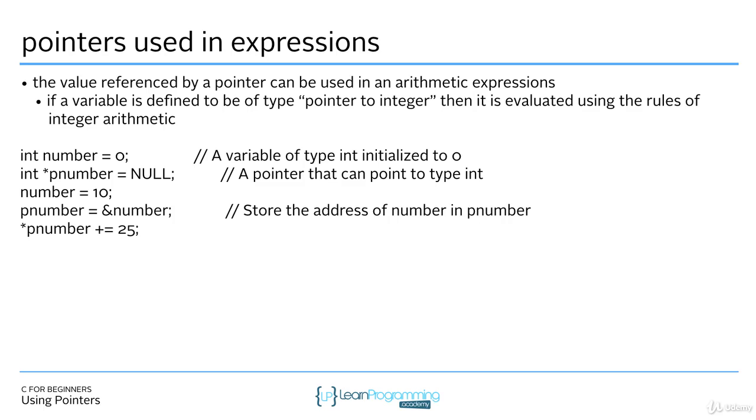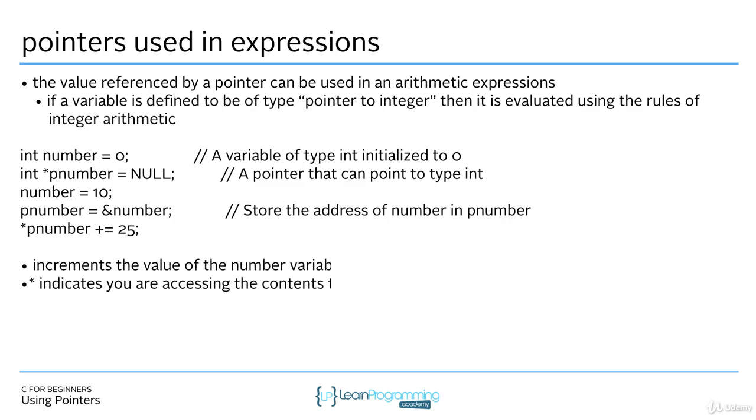So the value is going to be equal to 35. This is not changing what it's pointing to because we're using the asterisk. It's not changing the address itself because we don't have the address-of operator. We're changing the value that it's pointing to. So incrementing the value of the number variable by 25, the star indicates that you're accessing the contents to which the variable called pNumber is pointing.